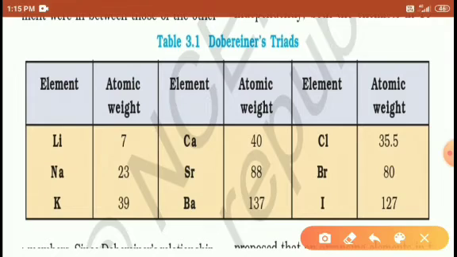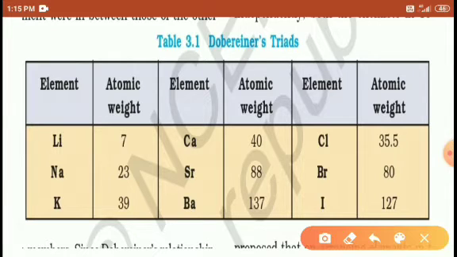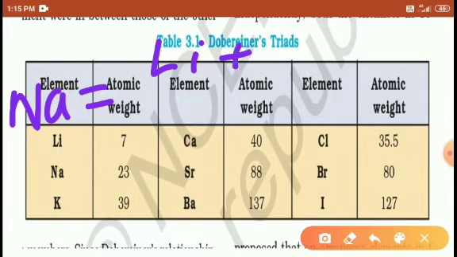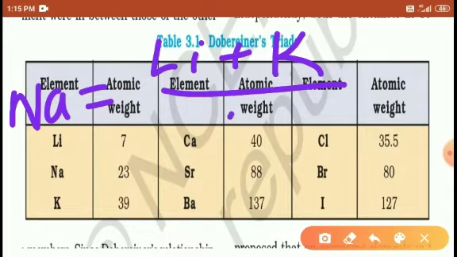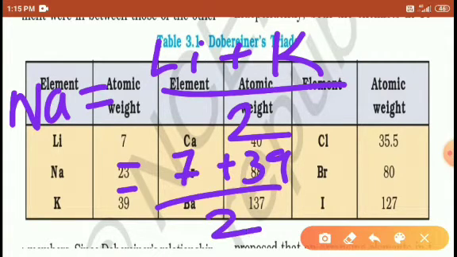He used the elements lithium, sodium, and potassium. Lithium atomic weight 7, sodium 23, potassium 39. The atomic weight of the middle element, sodium, is equal to the average atomic weight of the first and third elements, lithium and potassium. That is 7 plus 39 whole divided by 2.